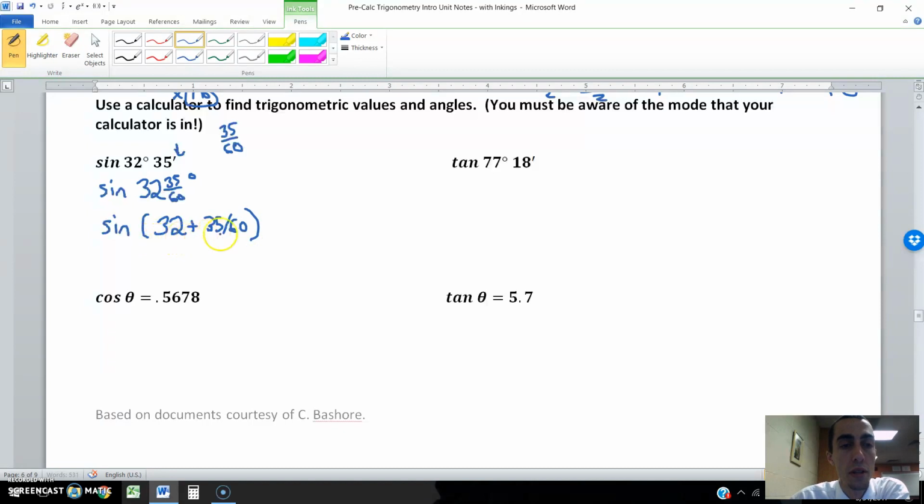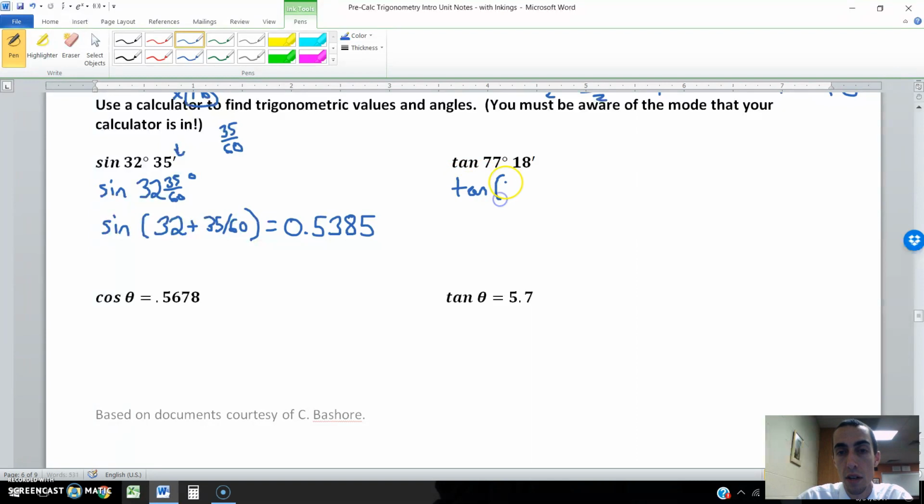This is one way that you can represent a mixed number on your calculator, such as the one that we have here. So enter that in, and the output, let's put this to 4 decimal places, is 0.5385.